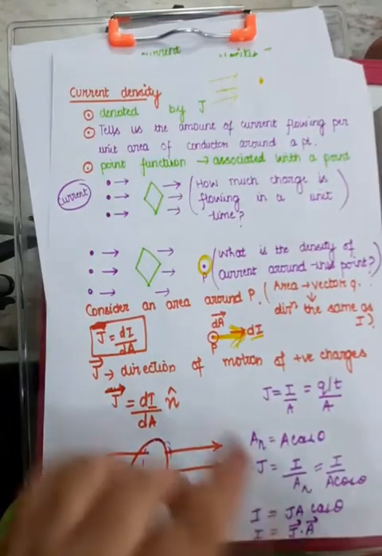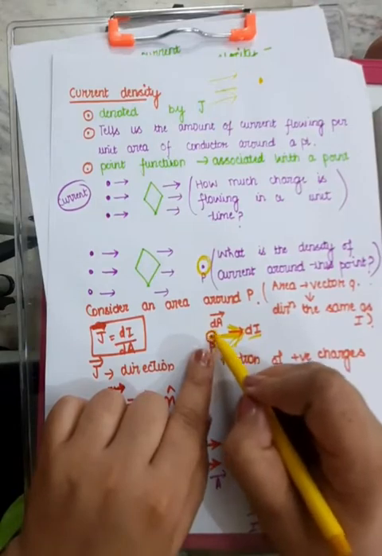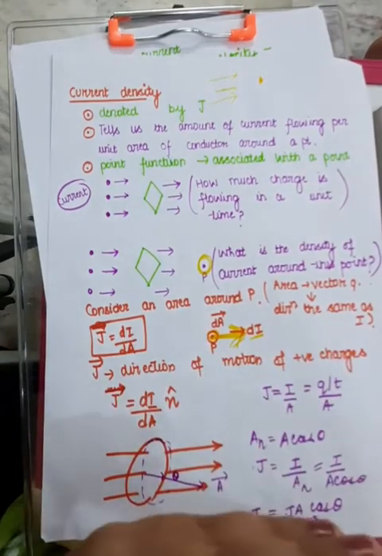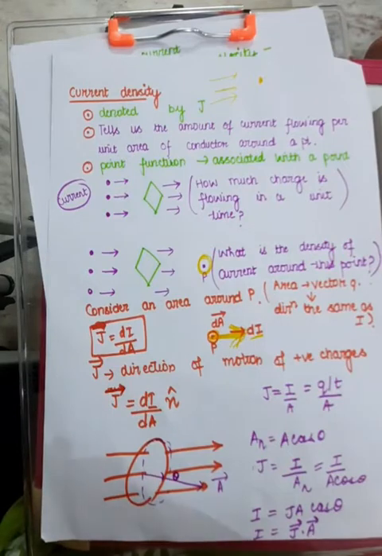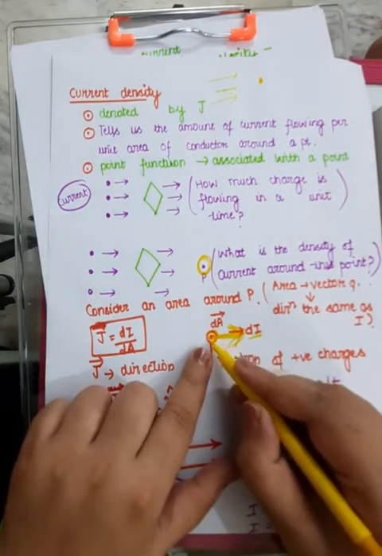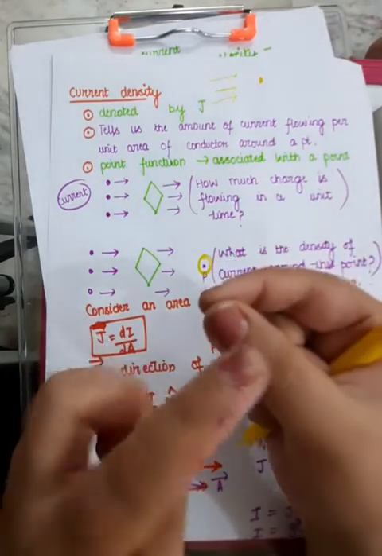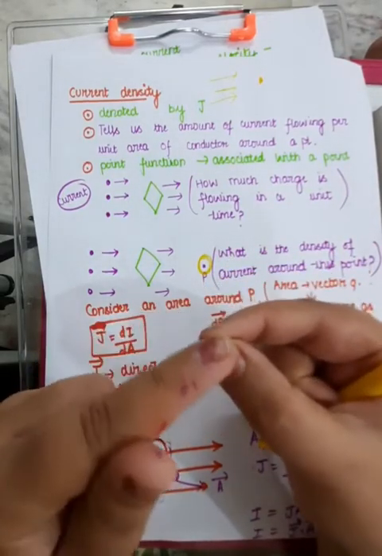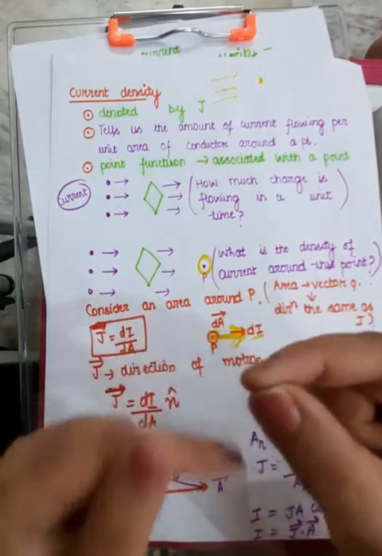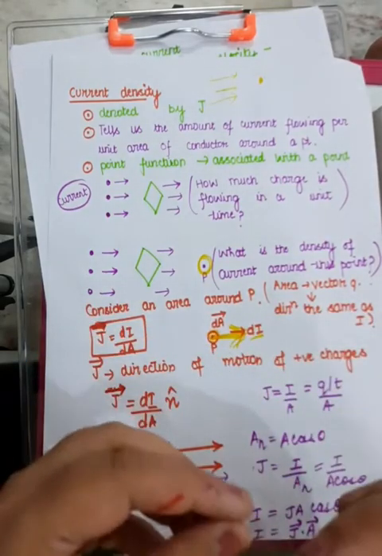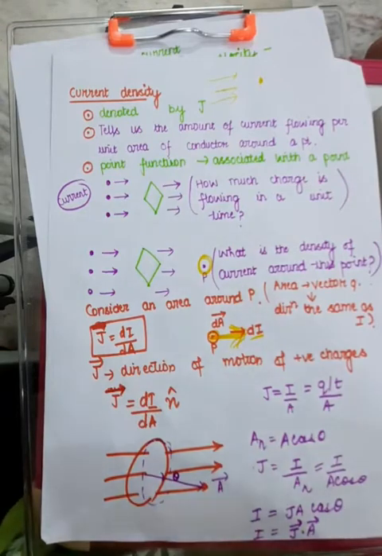So that way we will try to find out how much current flowed through the infinitesimal area that you considered around point P, and that will tell you the current density at this point P. Because if you are considering current density at a single point P, you need to see a very, very small area around that point, and then check how many charges are flowing per unit area around that point.